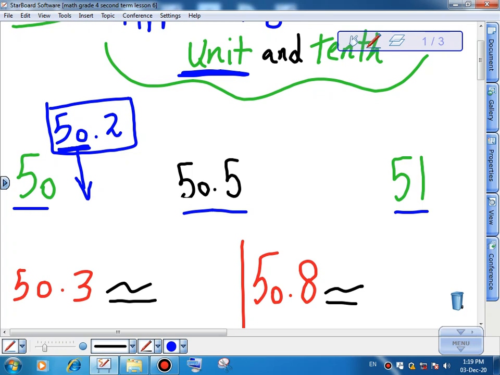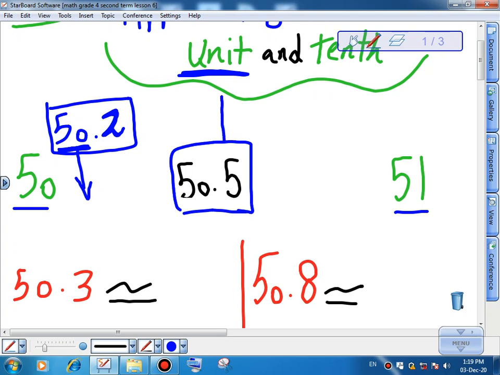If the decimal part is greater than 5, I will approximate this number up. But here, this decimal part is 2. 2 is smaller than 5, smaller than the half of 50 and 51, which is 50.5. It's the middle of 50 and 51.